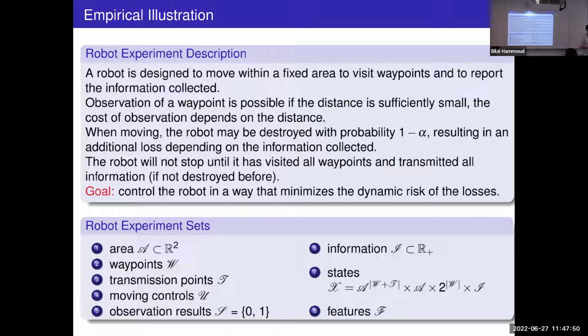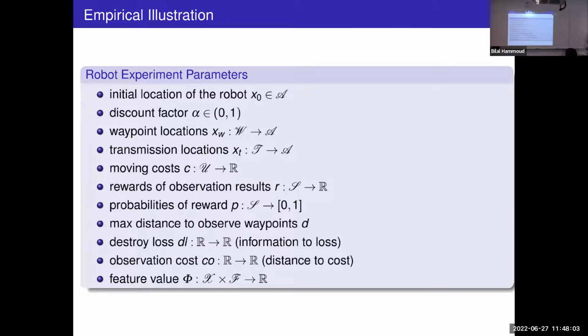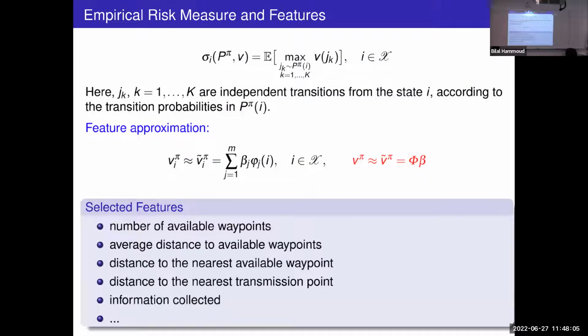We want to minimize the dynamic risk of losses. So it's a very high dimensional case, which is about 270 billion states, but we only want to approximate in some several selected features, like the number of available waypoints, the distance, the shapes, and the distance to the nearest transmission points, something like this.